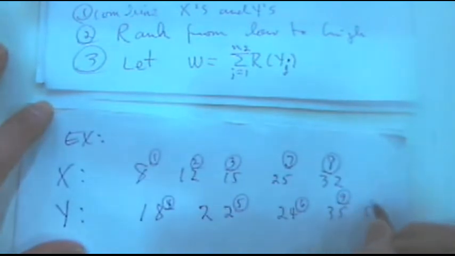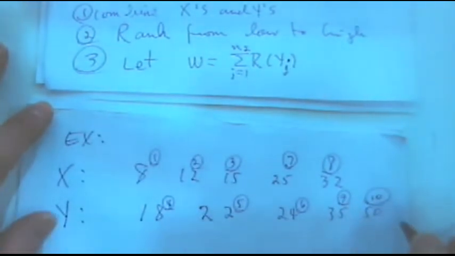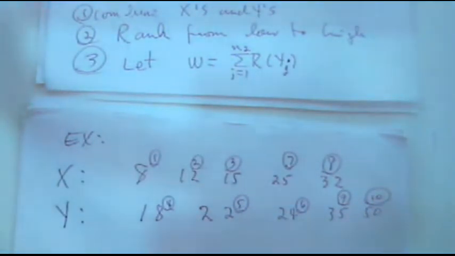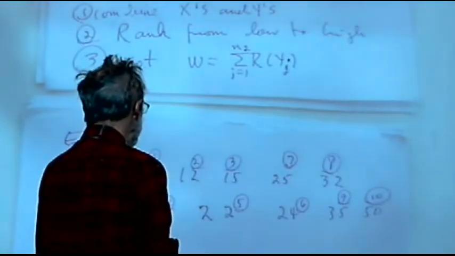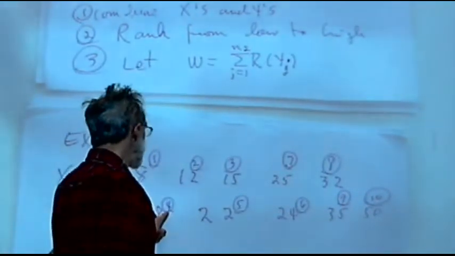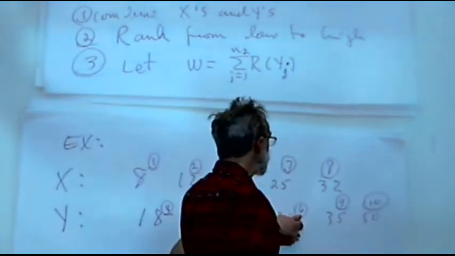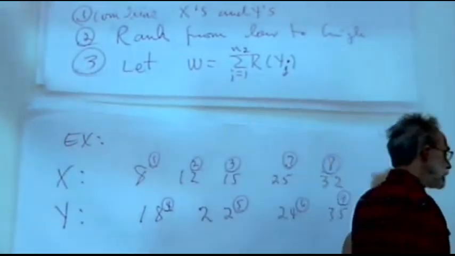And then this is 9 and 10. And if you got ties, then you just take the average of the ranks. Okay, so our W here would be 4 plus 5, that's 9, 15, 24, 34.